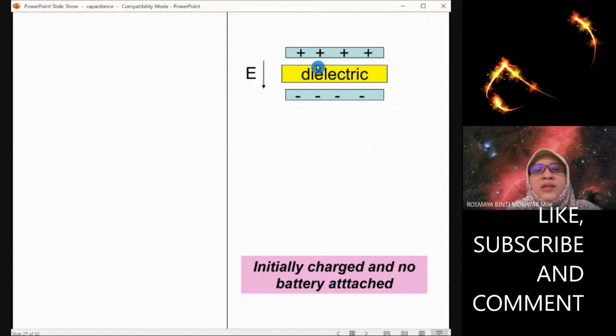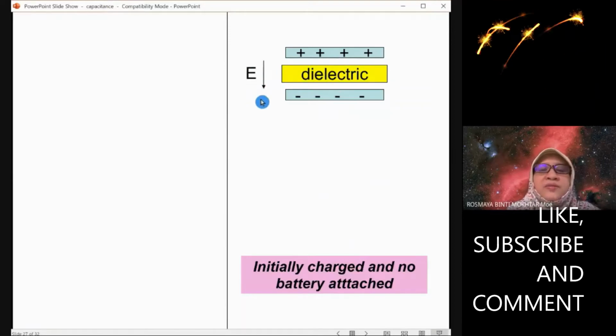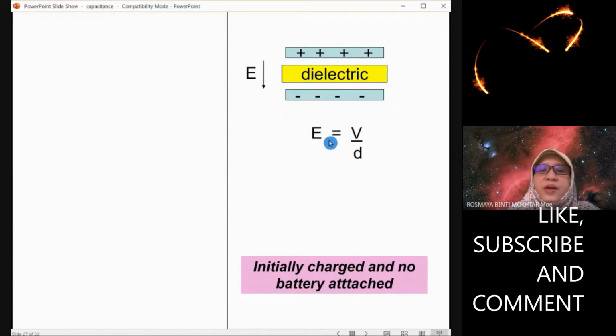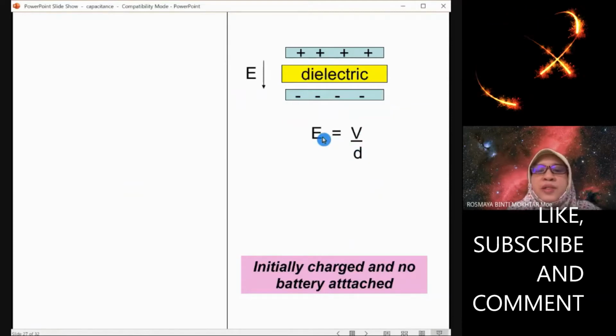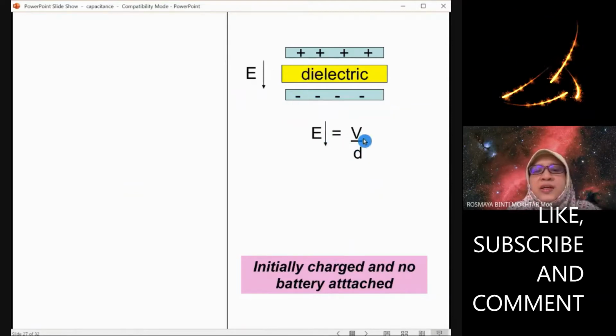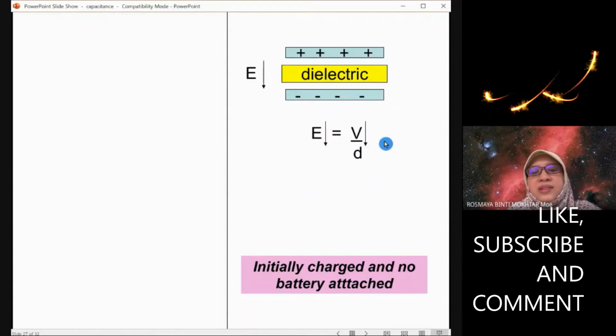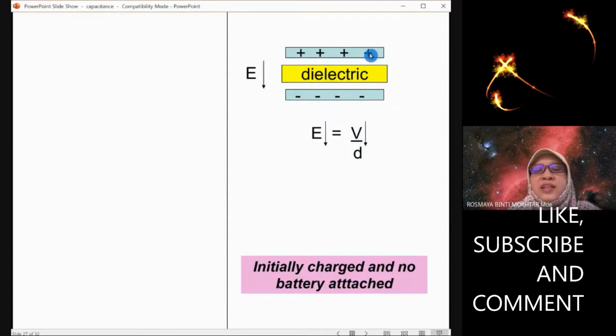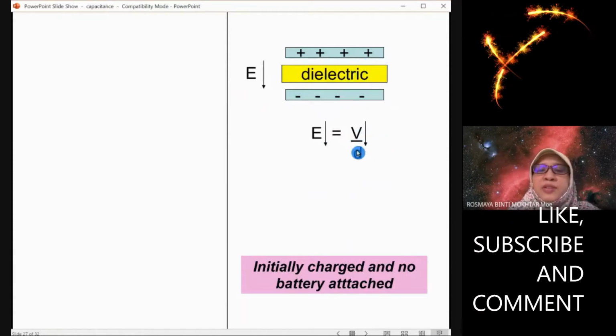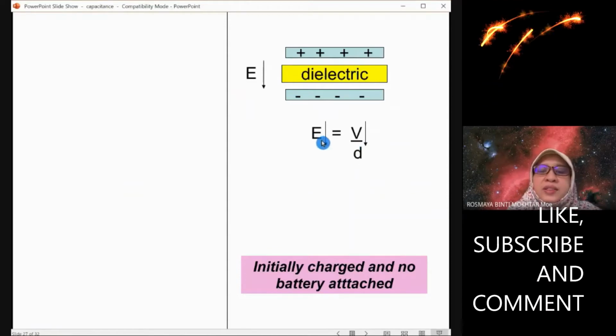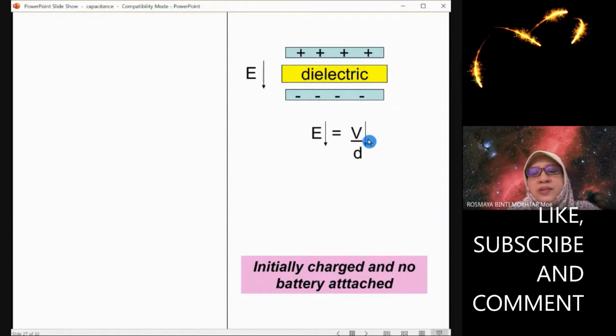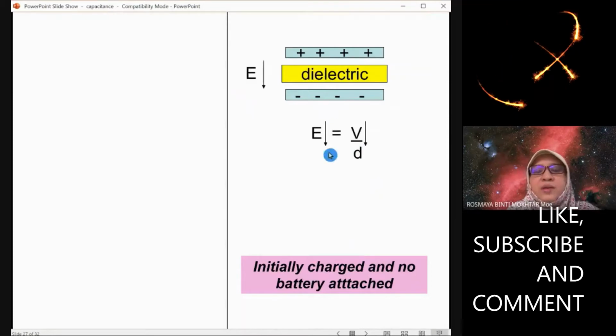So the resultant electric field decreases. From E equals V over d, if E decreases, V also decreases, because d, the distance between the plates, remains constant. So when E decreases, V decreases. This is what we discussed before.